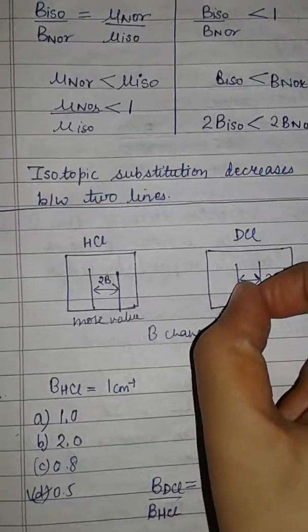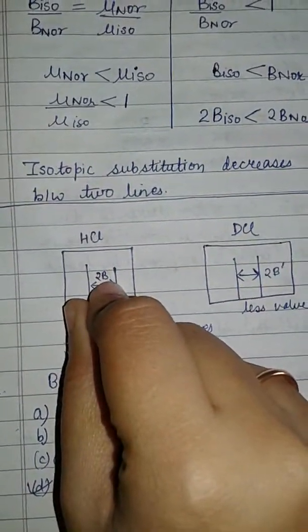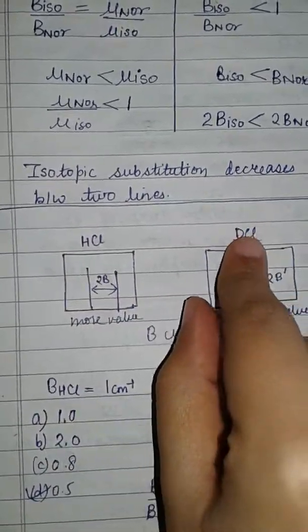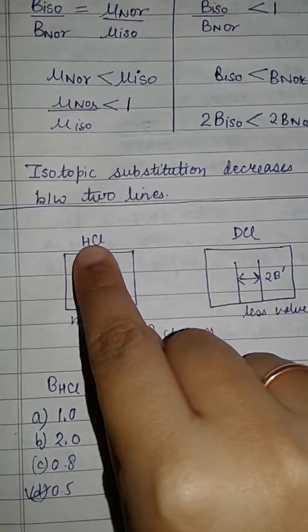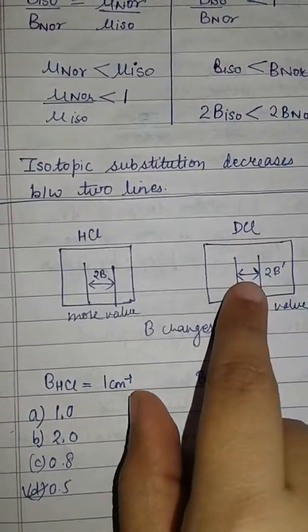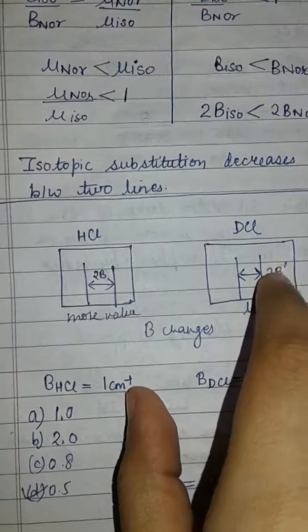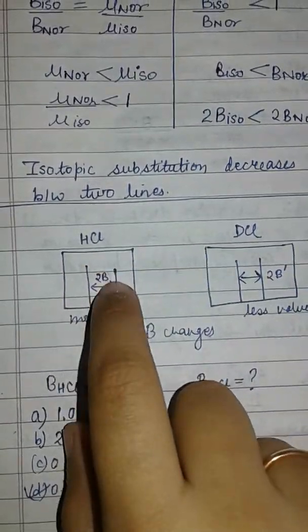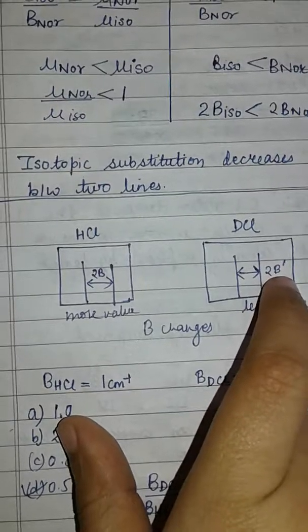This gap is somewhat less than that gap, so 2B here is more, because this is the normal molecule HCl, and this is deuterium, the isotopic substitution in place of hydrogen. So when B dash is less, 2B dash is less than 2B.